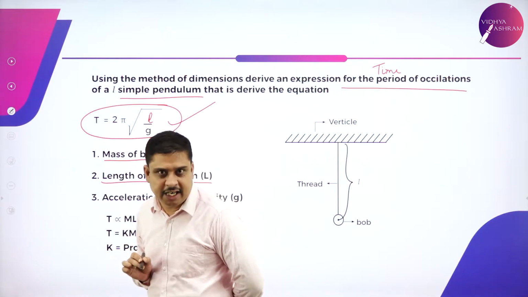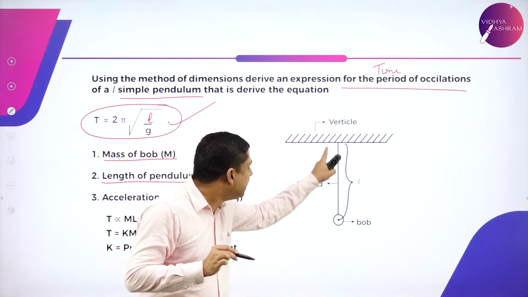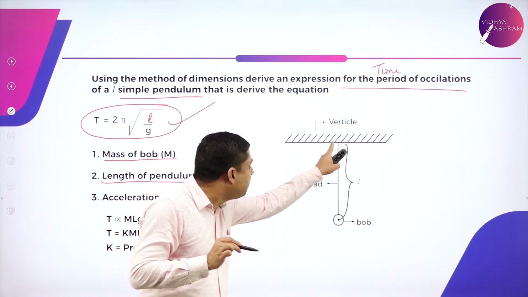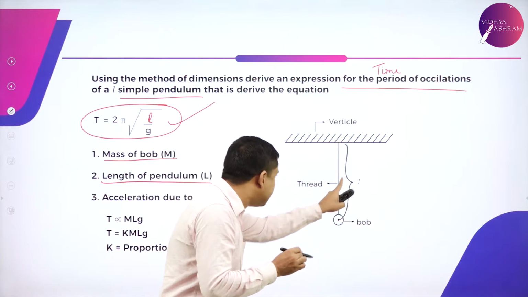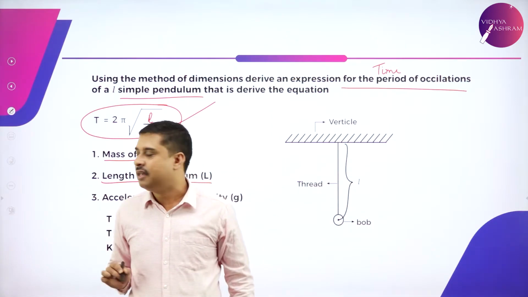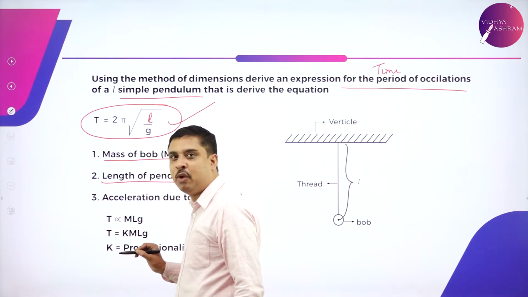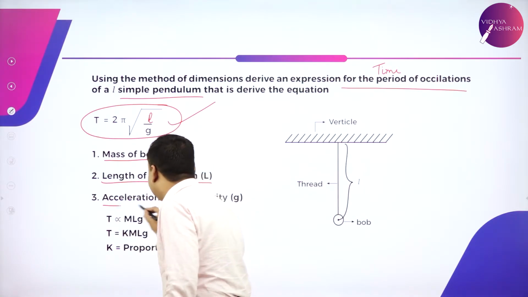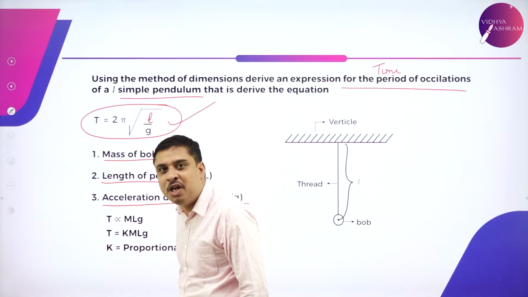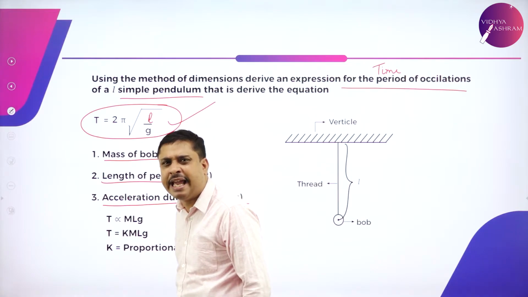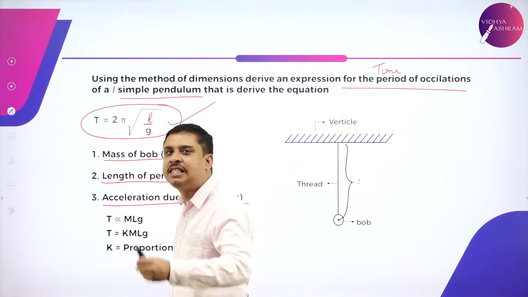Second factor, length of the pendulum. See, length, the length of this thread from the vertical to the center of the bob. So this is giving me the length. The second factor is the length of the pendulum. And the third factor is acceleration due to gravity. All these terms in depth in the next coming chapters.